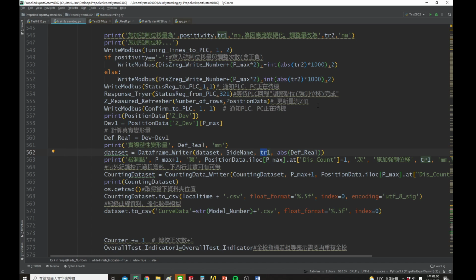So now we have TR1 and the real deformation value, and we can use this relationship to recall back to our database. These two can update our curve database.